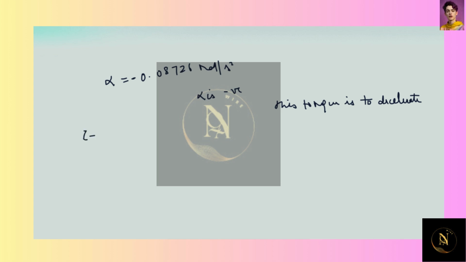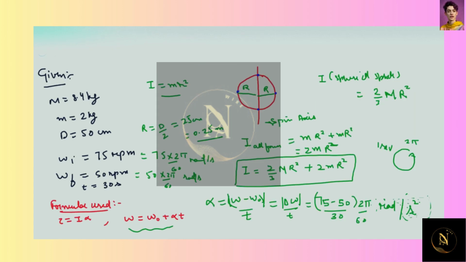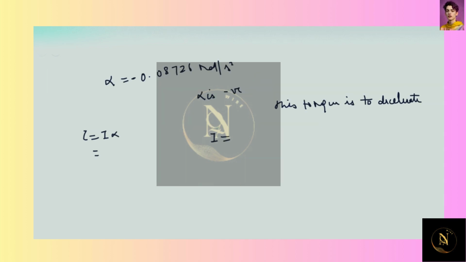Now we have torque equal to I alpha. So you put in the values of I and alpha. First we find I. We put the values of small m and capital R, and this comes out to be 0.600 kg meter squared.